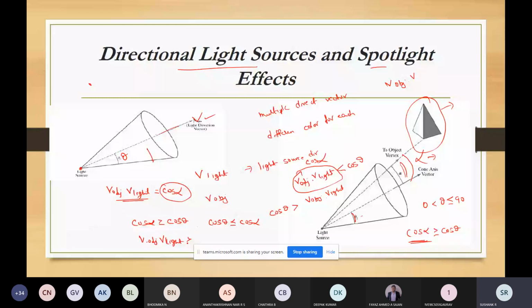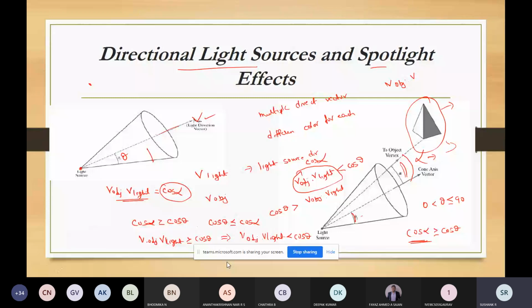The other way around, if v object into v light is less than cos theta, this object will not be visible. It is the same equation, interpreted in terms of theta. If it is less than cos theta, the object will be outside the cone area.